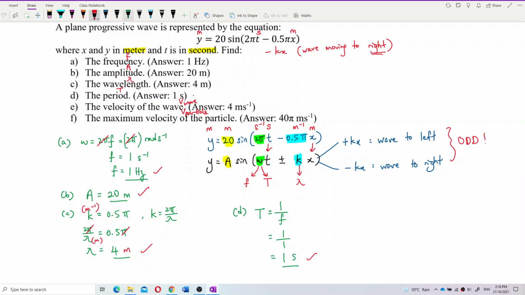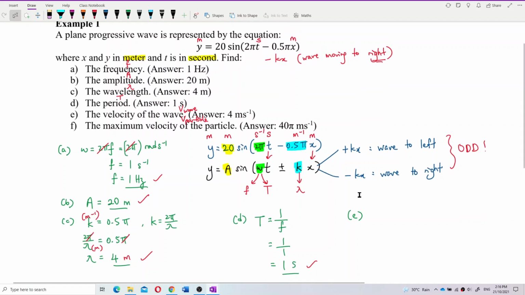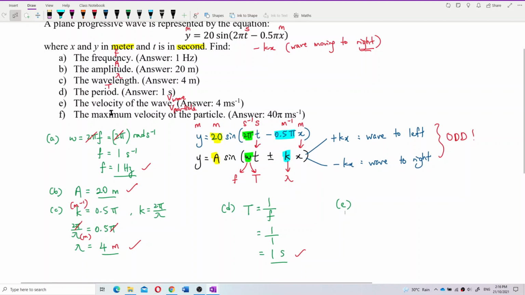Next, question E. I want to find the velocity of the wave. Be careful: this is the velocity of the wave, not the velocity of the particle. What's the formula for the velocity of the wave?